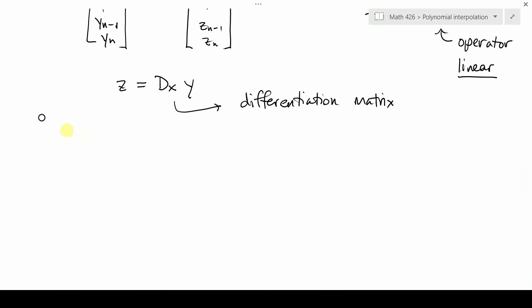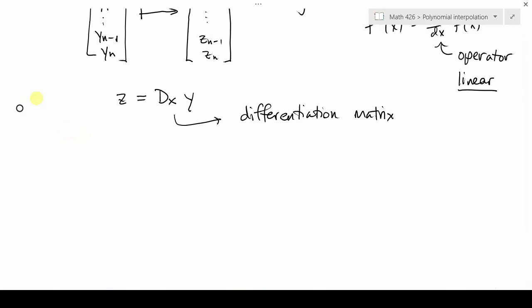So where do we get the differentiation matrix? We do it by filling in formulas, right? So we'd probably like to use that second order formula where possible. So we might say z_i is defined by y_{i+1} minus y_{i-1} over 2h.